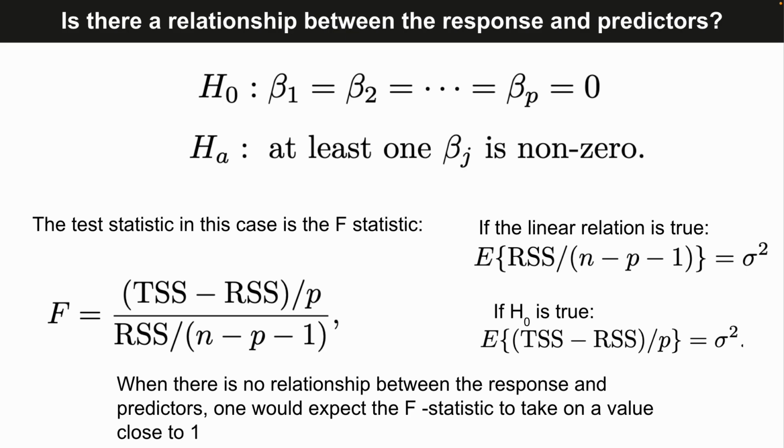And when you're testing for this hypothesis that none of these variables are important, so none of these are actually going to inform your response, that is the simplest and the most dull model that you have. In the case of simple linear regression, it is this flat line where the slope is 0.